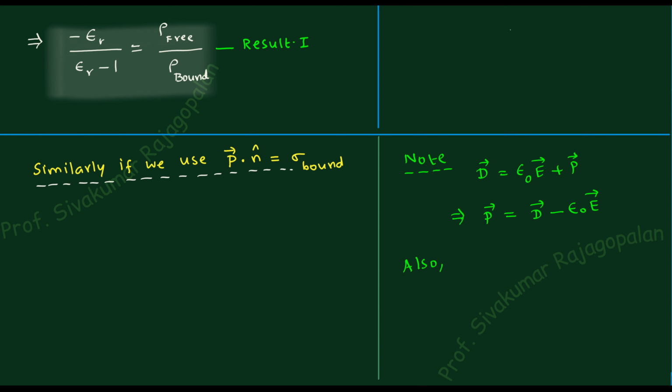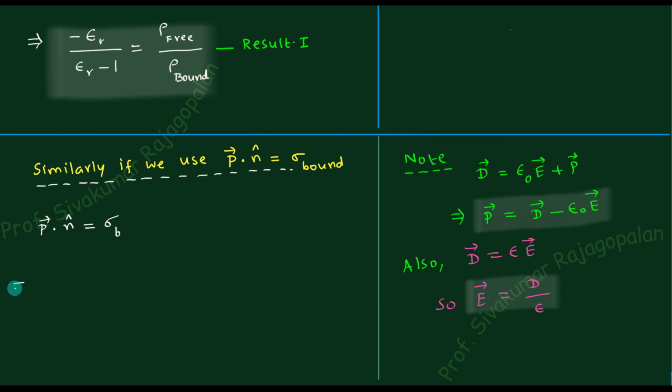But you also have a similar relation for D: the D vector is equal to epsilon into E. These are the relations that we have seen from the last class, and we are going to manipulate these two relations now. So let us come to the normal component of the polarization, P dot n equals sigma b.